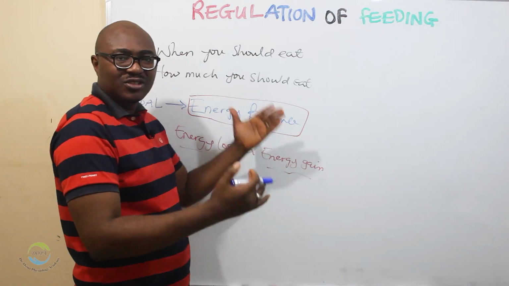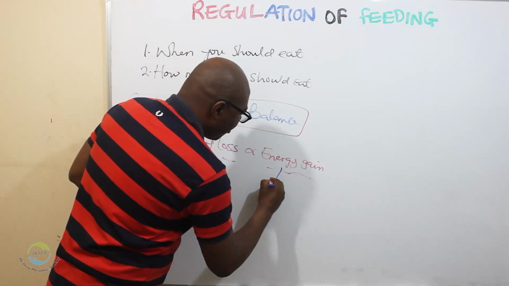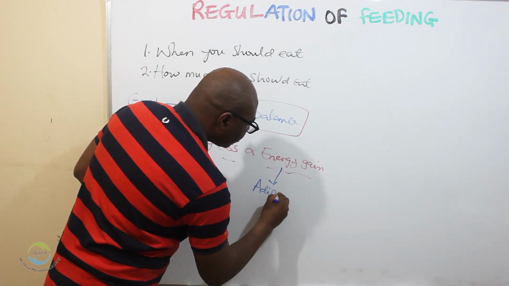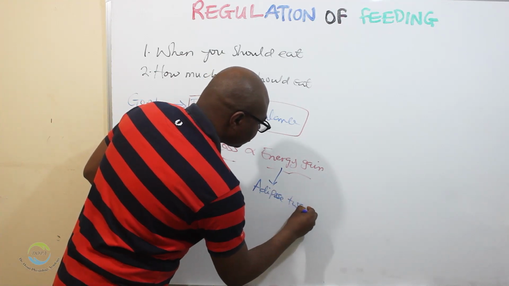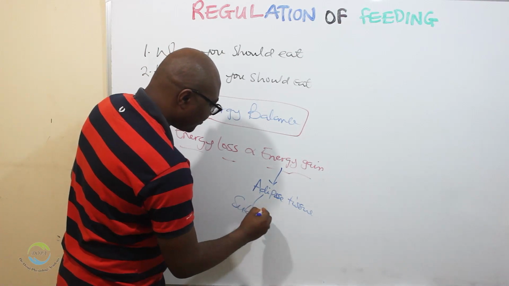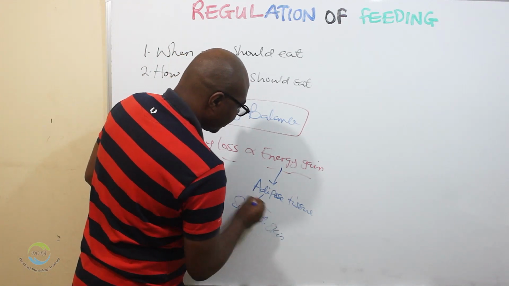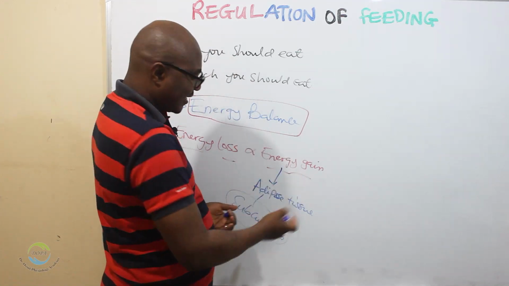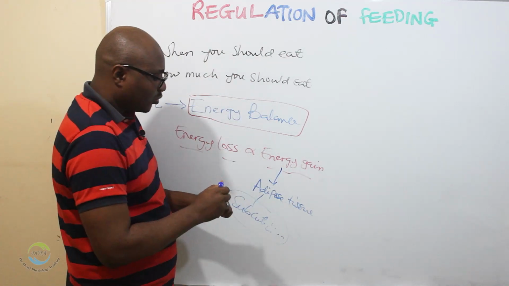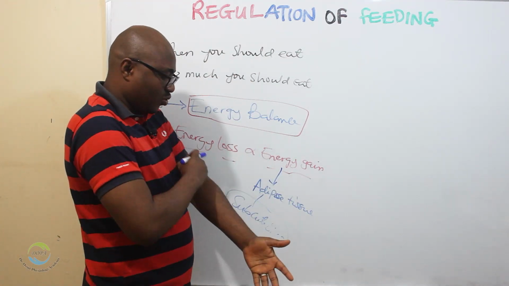It now starts storing the excess energy in the form of adipose tissue, which is usually in the subcutaneous layer of the skin. Okay? Subcutaneous. It means underneath the skin. Alright? So that's what happens. So when you gain too much energy, it starts being stored as fat.